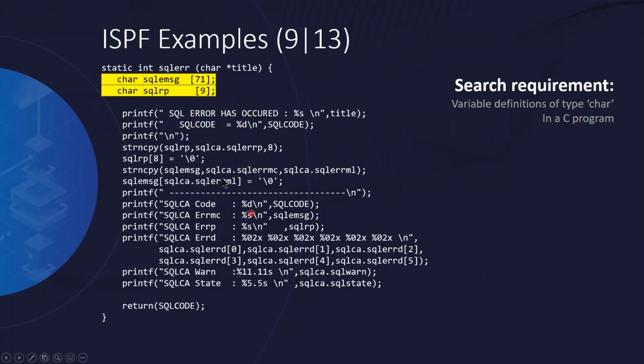This is its implementation in C. So I've got the SQL code, the SQL error message, SQL ERP, and the five or six different variables of ERRD. Then you've got the warning message and the SQL state. So variable definitions of type char in a C program, basically looking for anything that matches which is highlighted. So that's what I'm looking for. How do I find that?